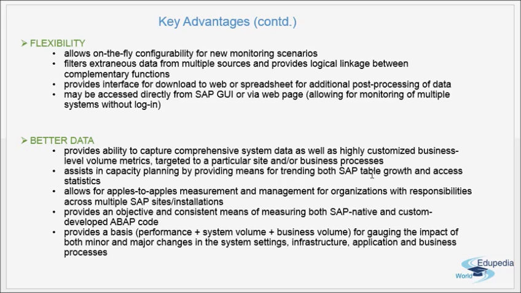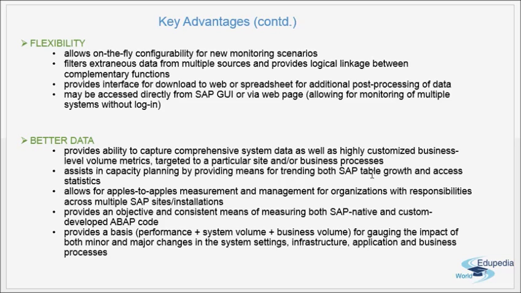And the last one is better data. It provides the ability to capture comprehensive system data as well as highly customized business level volume metrics targeted to a particular site or business process. It assists in capacity planning by providing means for trending both SAP table growth and access statistics. It allows for apples to apples measurement and management for organizations with responsibilities across multiple SAP sites and installations.